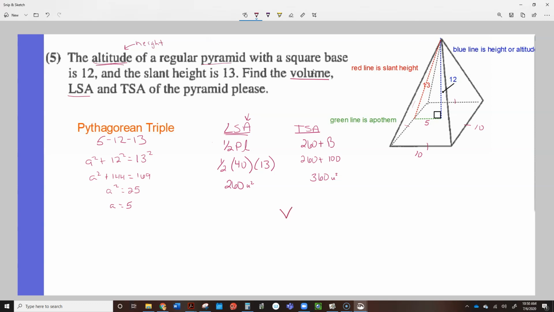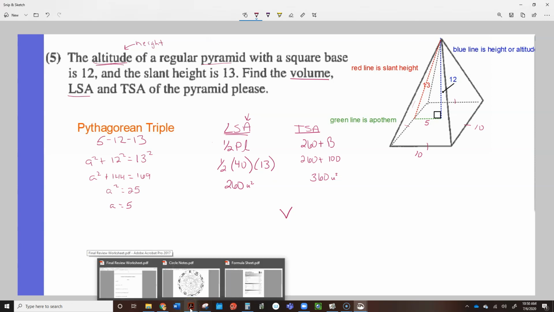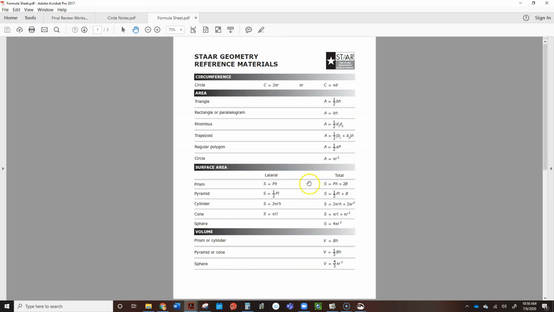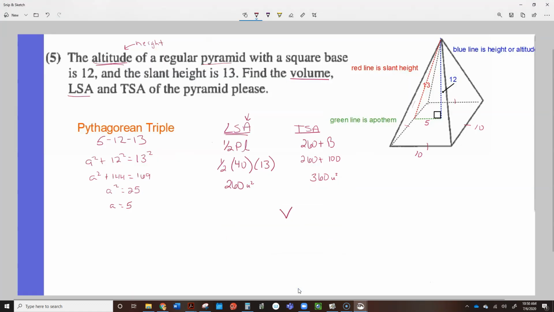So the volume is, the formula for the volume is, I believe, 1/3. Here's the volume of a pyramid, 1/3 the area of the base times the height. Okay, so the volume is 1/3 the area of the base times the height.